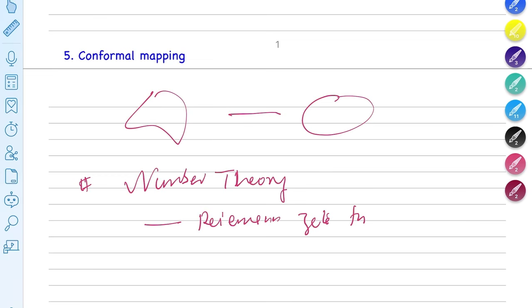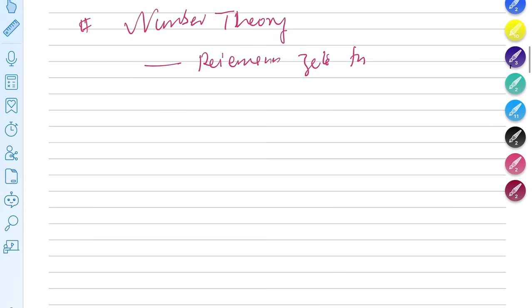So before starting with complex analysis, let's first discuss the complex number. This is an important thing. First we study the complex number. So what is a complex number?